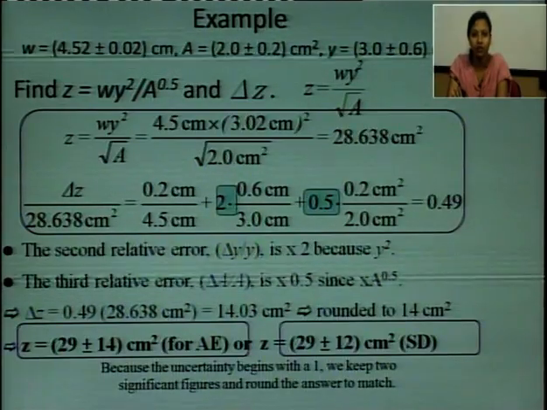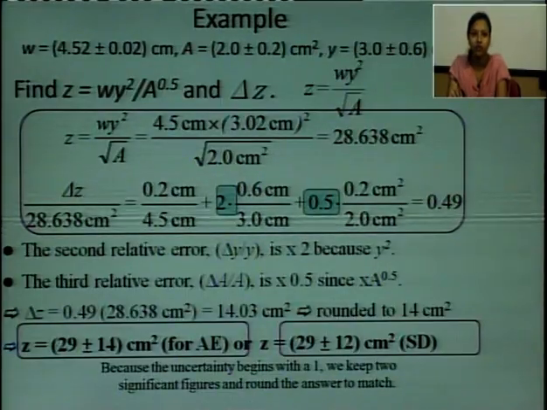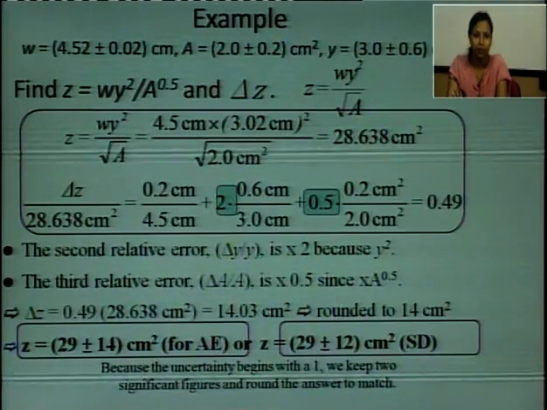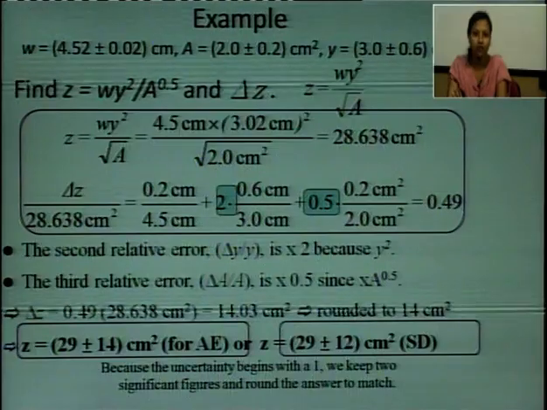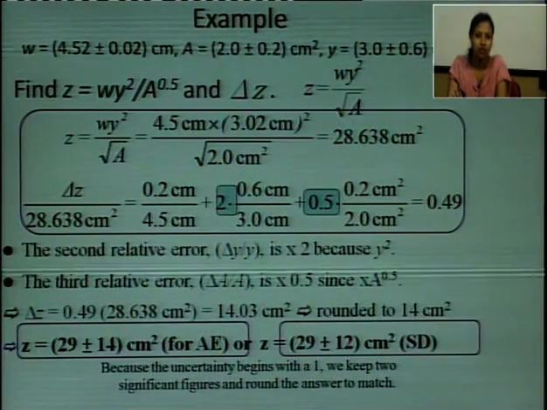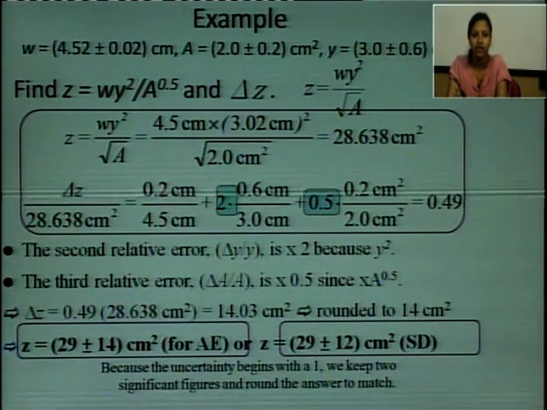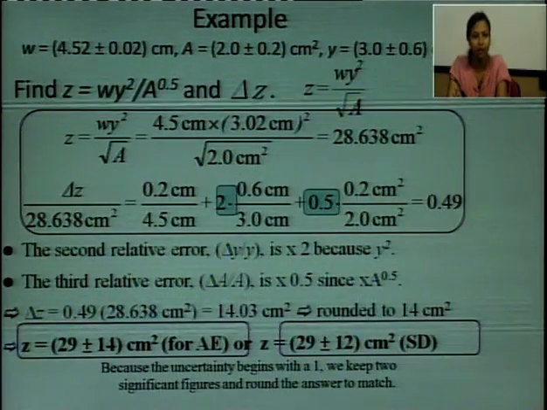Z is equal to W Y square upon A raised to power half. So then delta Z upon Z is equal to delta W upon W plus 2 into delta Y upon Y plus half into delta A upon A. So with this we can calculate delta Z upon 28.638, it is equal to 0.49.